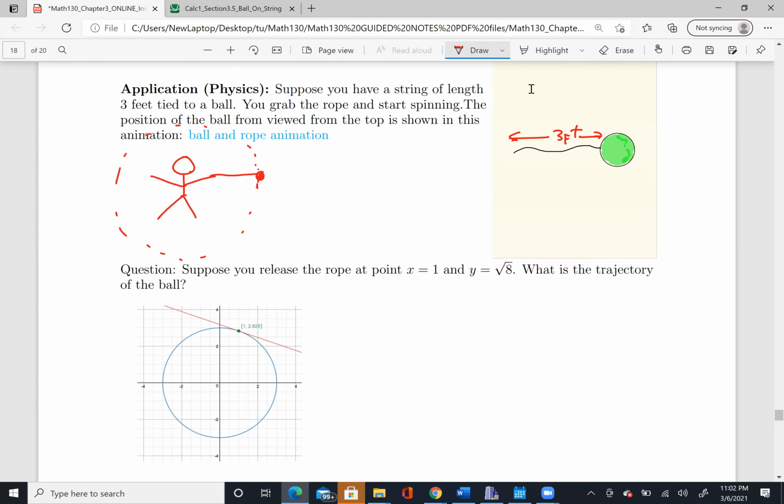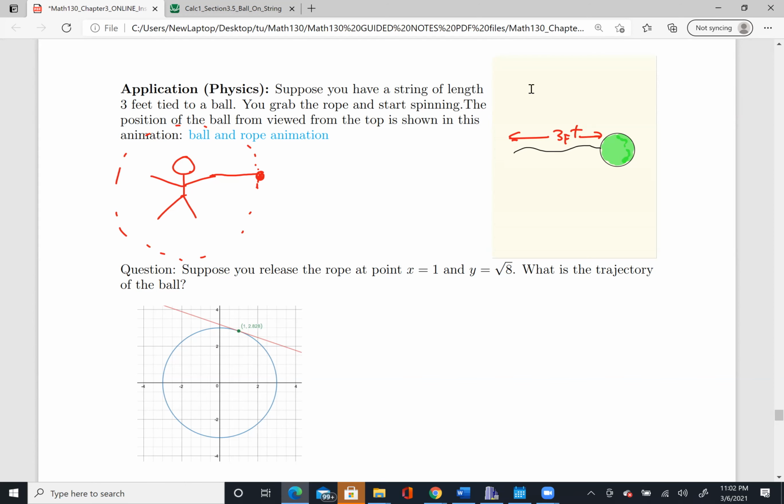Okay. And then the ball follows the tangent line.